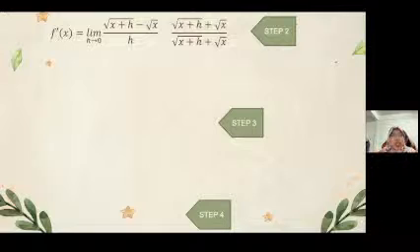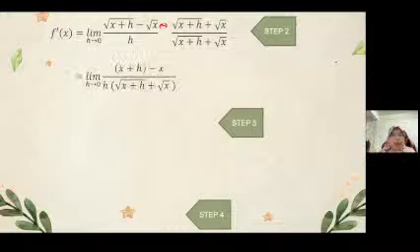Okay, so now for the numerator, I see that they are actually the conjugate of each other. So I'm going to expand them. But for my denominator, they are not the conjugate of each other. So I will leave them in the bracket. Okay, so what happened after I expand them?